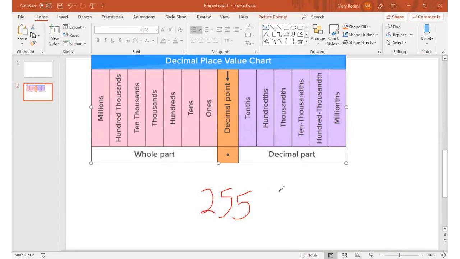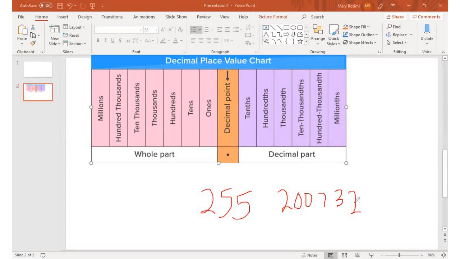Assuming I don't know what to call or how to say out this number, let's write it out. 200,732, for example. If I don't know how to say this number, what do I do? I'll need to write the numbers on this place value chart to be able to know the value of each digit here.